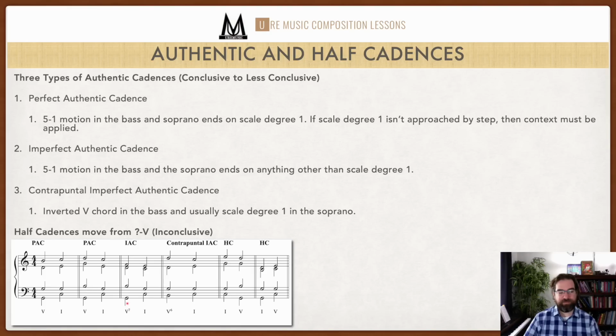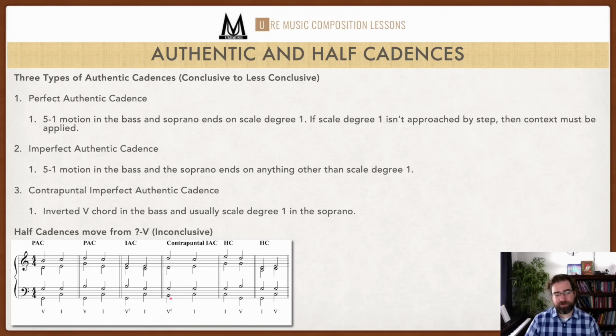So we still have this 5-1 motion in the bass, and scale degree 3, or, though I don't have an example of it, scale degree 5 in the soprano would make it imperfect authentic. That's the only difference between perfect and imperfect. With perfect, you've got scale degree 1 in the soprano. With imperfect, it's scale degree 3 or 5.